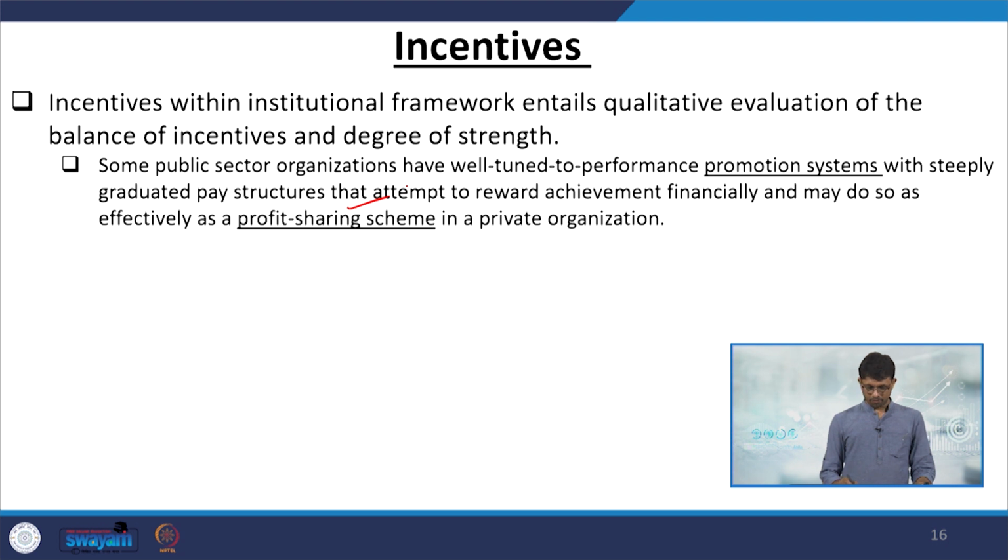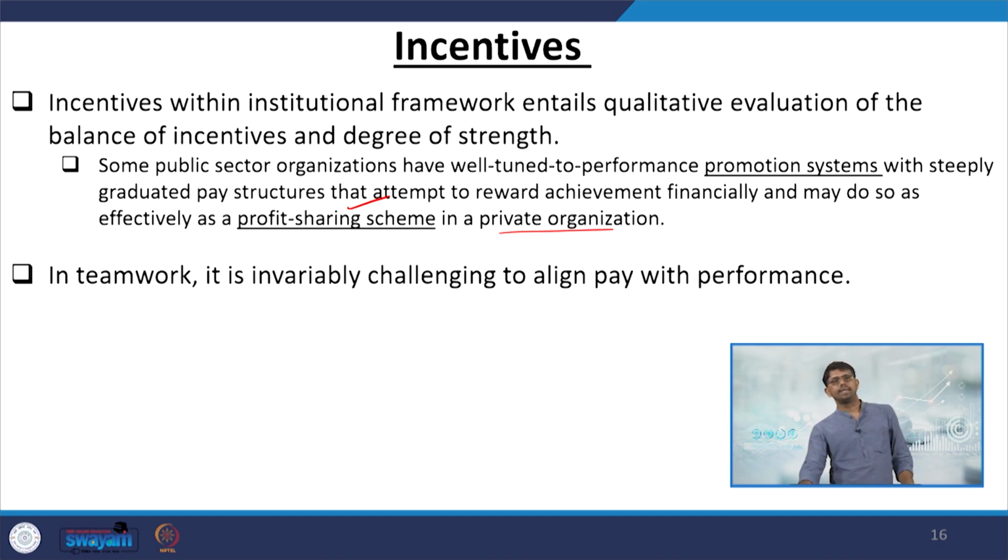Okay. In public organizations that is really due to some forms of promotion based incentive, whereas a profit sharing scheme is usually followed in private organizations. And in teamwork, it is invariably challenging to align pay with performance.